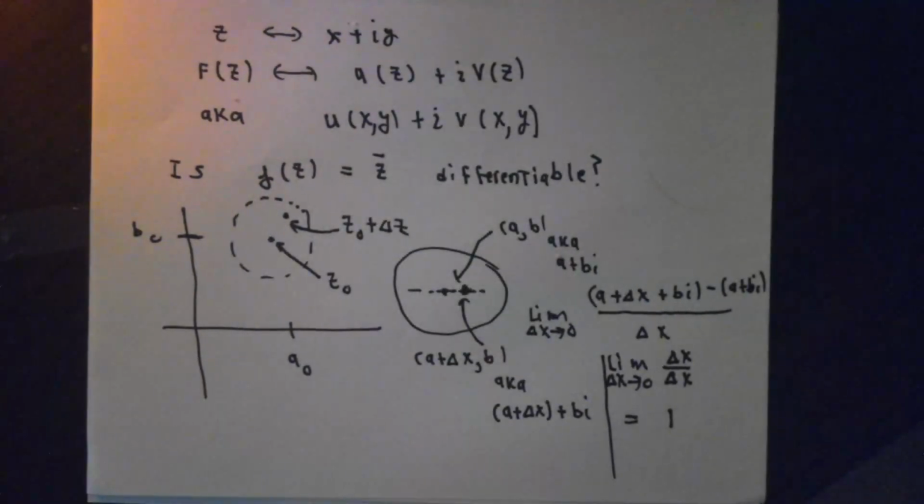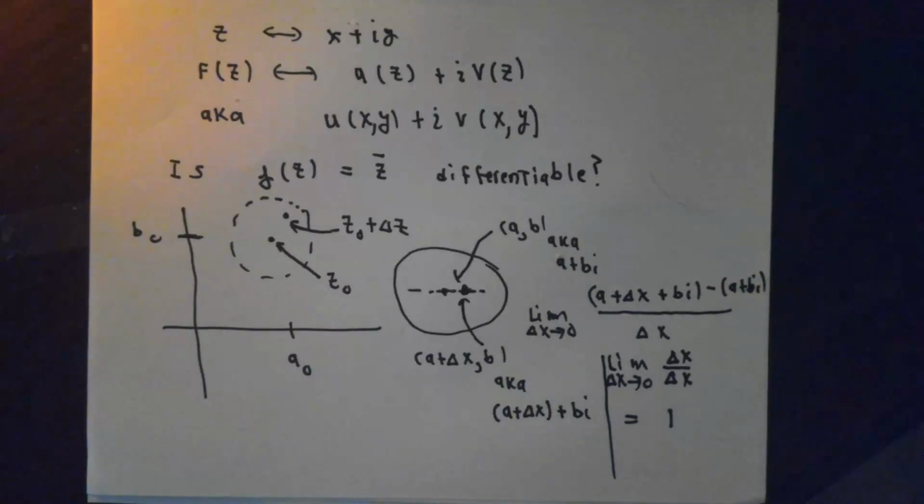If I think about approaching a+bi using only points that have the same imaginary part, or in my picture, the same y-coordinate, then writing out the limit is straightforward. I end up taking the limit as delta x gets really close to 0 of delta x over delta x.